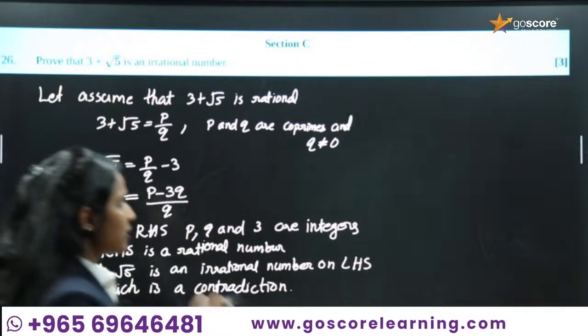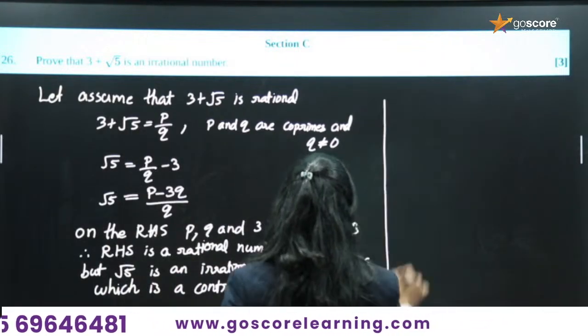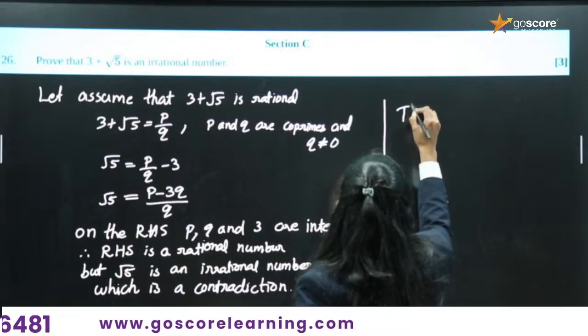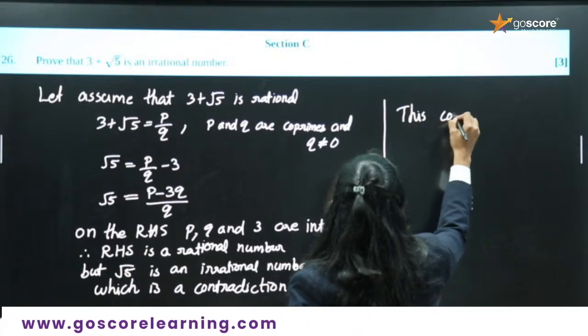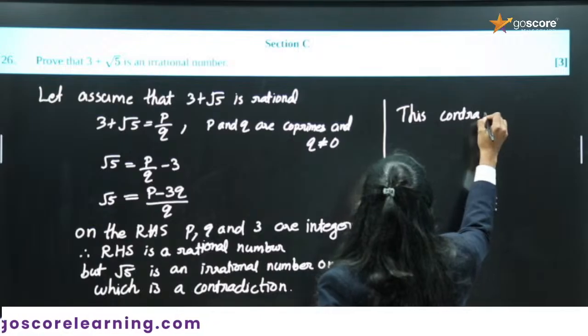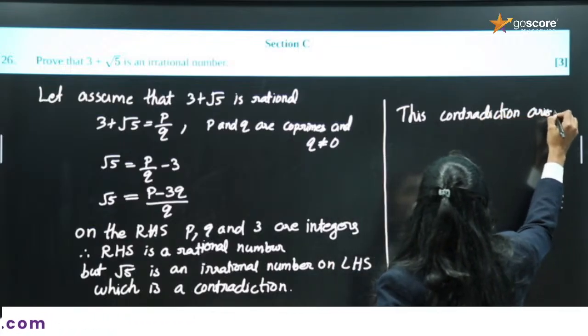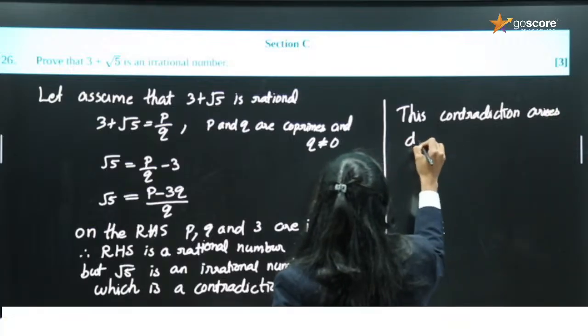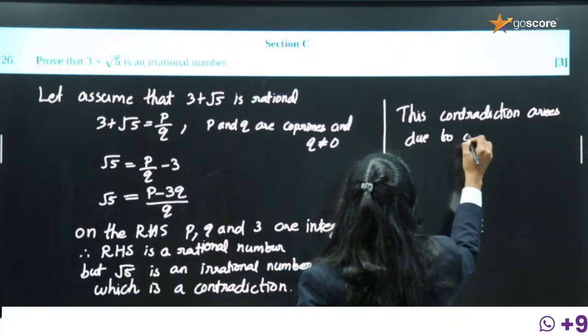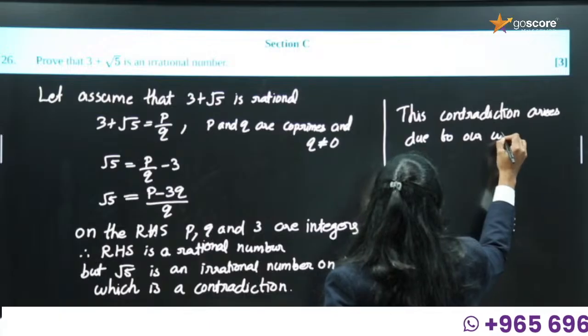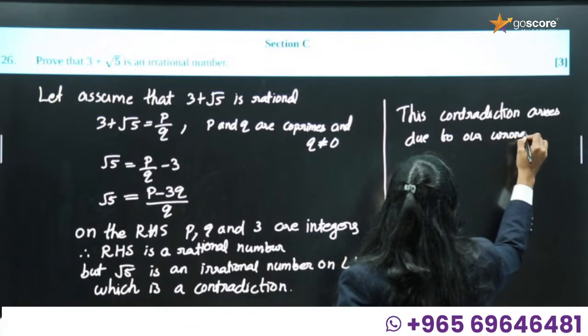Now, in the next line, we need to write why this contradiction happens. This contradiction arises due to our wrong assumption.